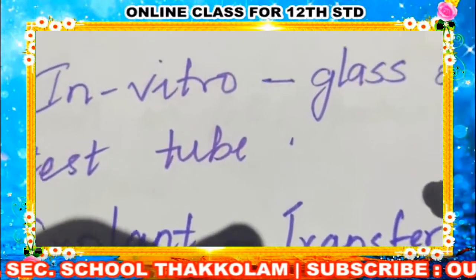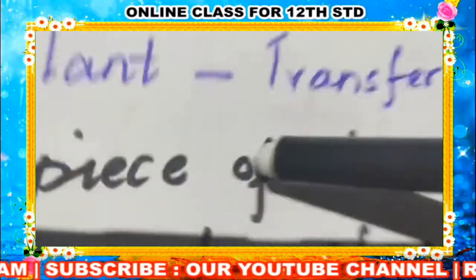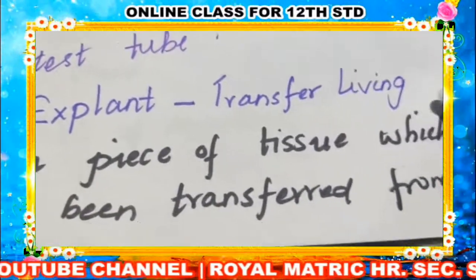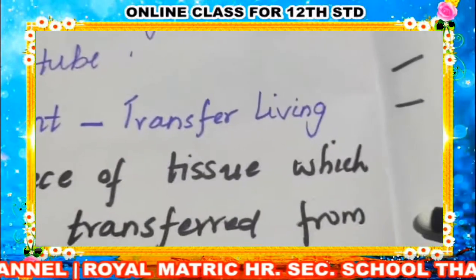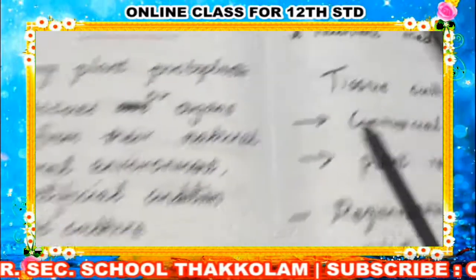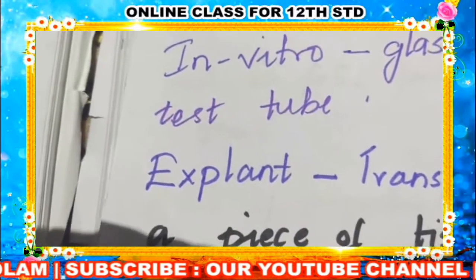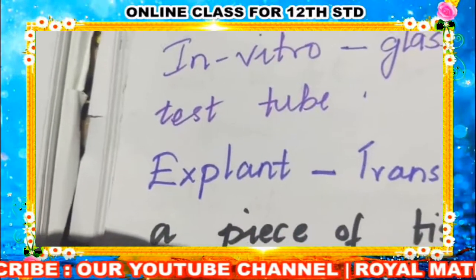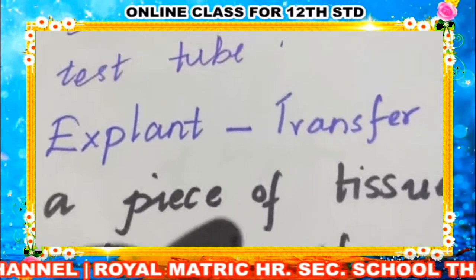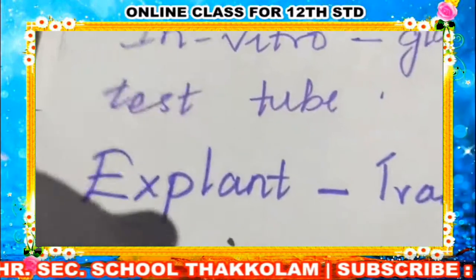Now, before going into that, you should know the meaning of explant. What do you mean by explant? An explant is a piece of tissue, living cells, that has been transferred from the animal or the plant to a culture medium or nutrient medium, where you are going to grow it.